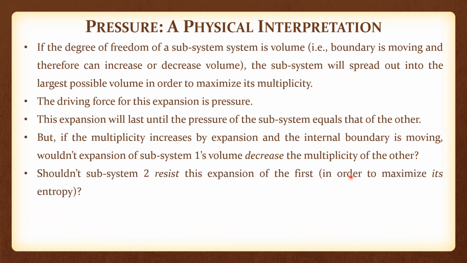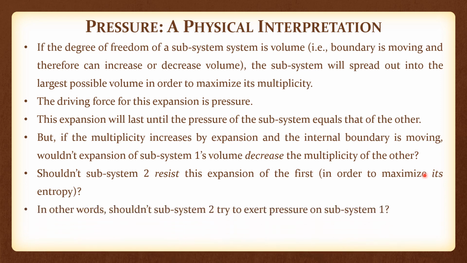Which means, shouldn't subsystem 2 resist this expansion of the first subsystem in order to maximize its entropy, right? In other words, shouldn't subsystem 2 try to exert pressure on subsystem 1? Yes, of course this happens. This is the idea.